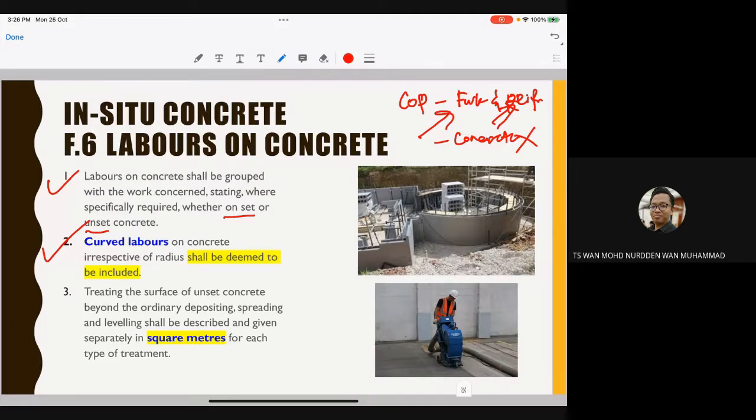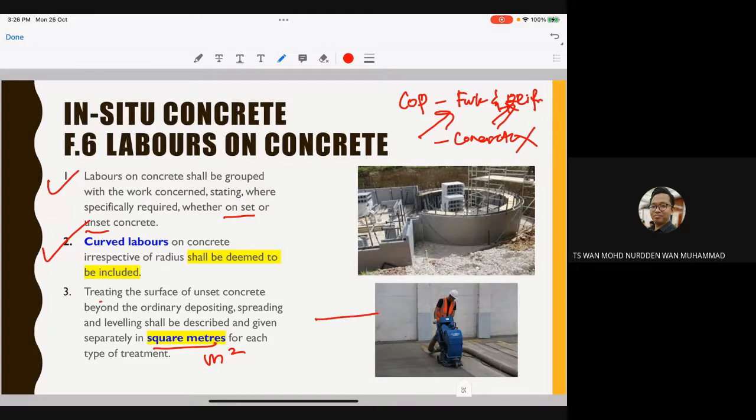Number three, treat the surface of unset concrete beyond the ordinary depositing, spread and leveling shall be described and given separately in square meter for each type of treatment. Okay, maybe it says here, treating the surface of unset concrete.